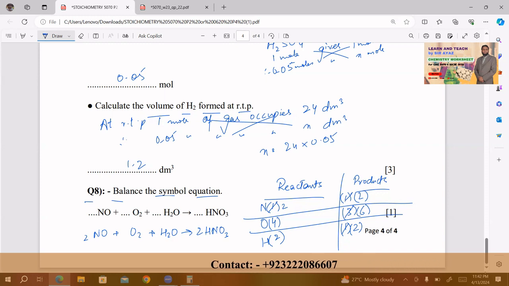So what if I place 2 before O2? 2 plus 2 multiplied by 2 is 4. 2 plus 4 is 6, 6 plus 1 is 7. So this is not working. Oxygen remains unbalanced.